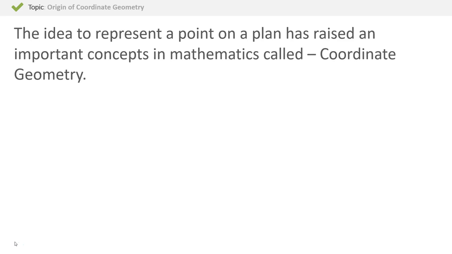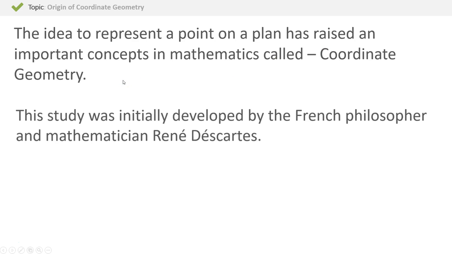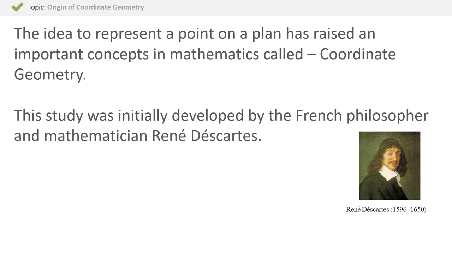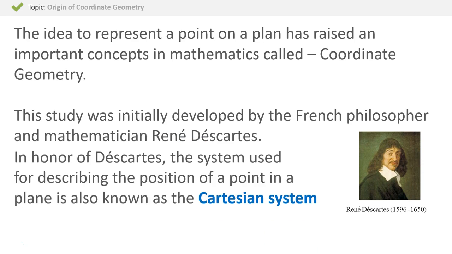So let's start with origin of coordinate geometry. The idea to represent a point on a plane has raised an important concept in mathematics called coordinate geometry. This study was initially developed by French philosopher and mathematician René Descartes, and you can see a nice picture of him.